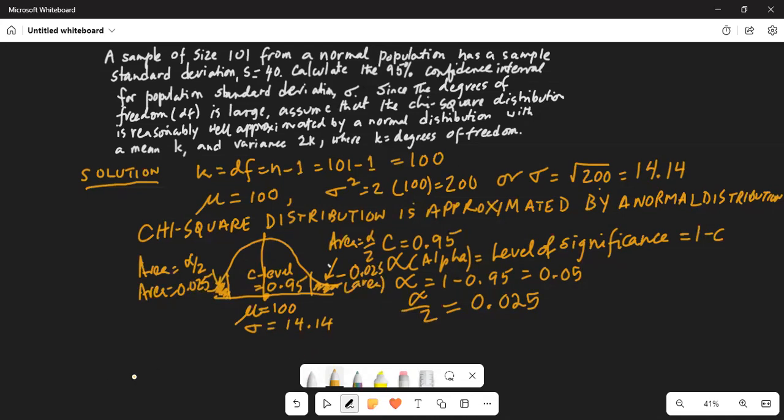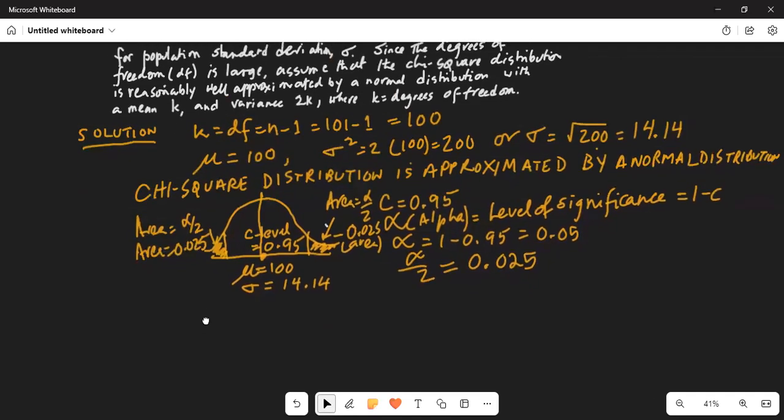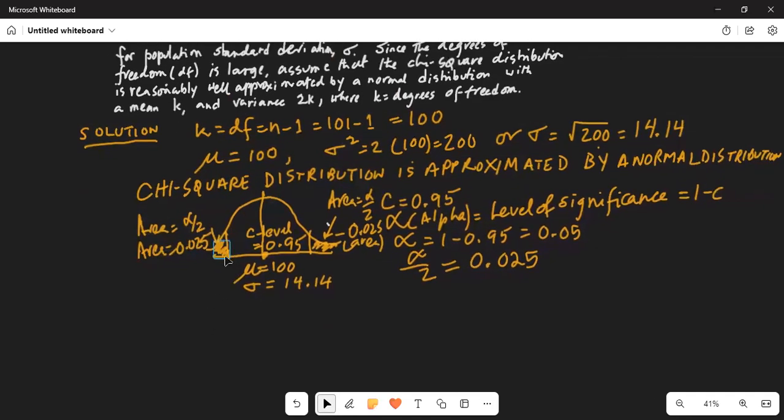We need to find the critical values. These are called critical values because they separate the shaded regions. So this is a critical value over here, and this is a critical value over here.